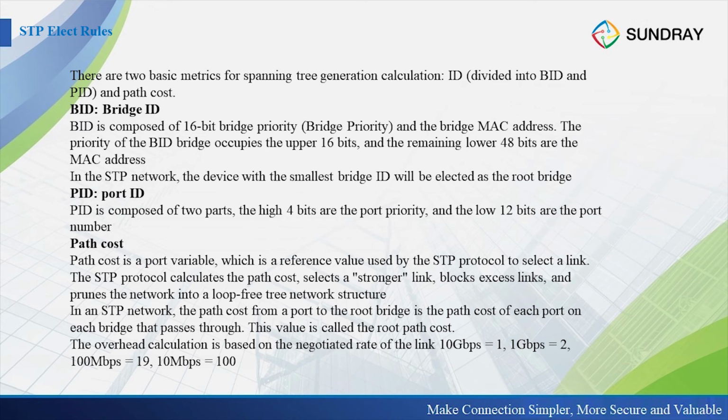Just now I said that we compare the bridge ID to elect the root bridge. And for the port ID, PID is composed of two parts. The high 4 bits as a port priority, and the low 12 bits as a port number.